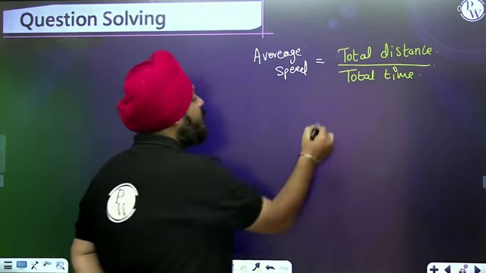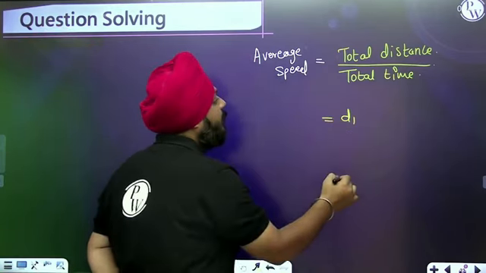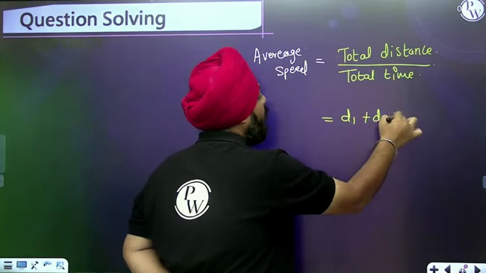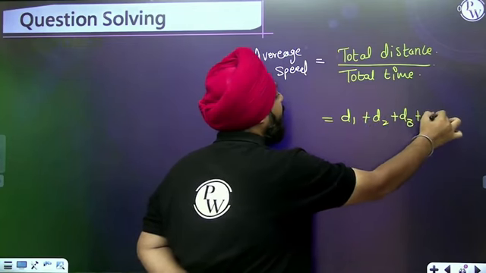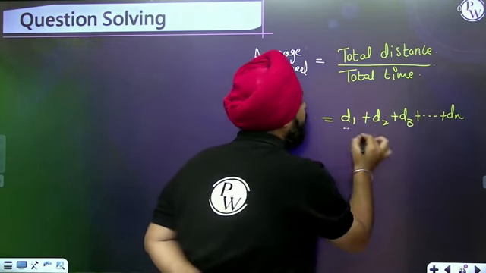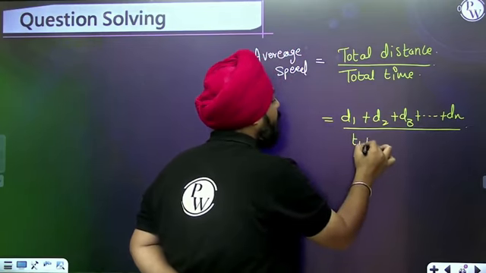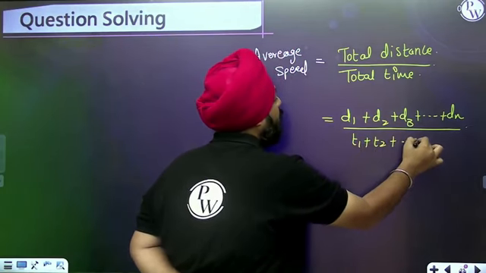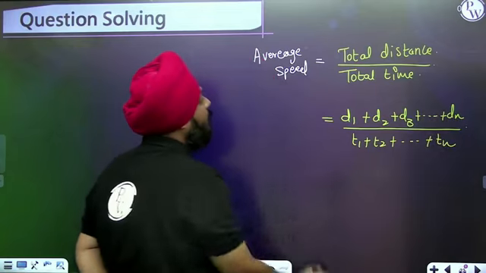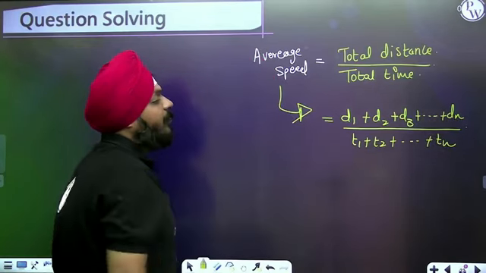What is the total distance? D1, D2, D3, and so on, supposing the entire path is divided into n intervals. What is the total time? Then average speed is defined in this way.